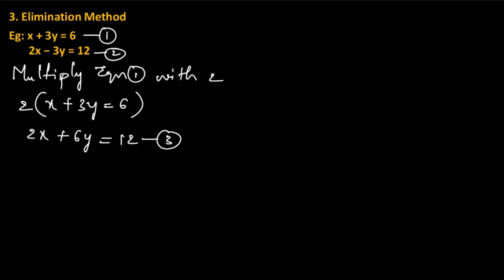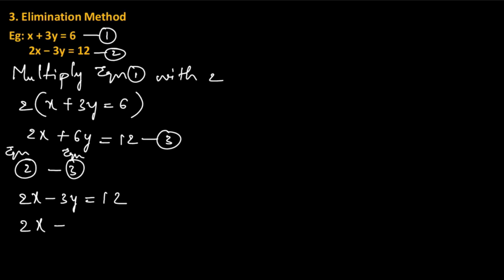Now eliminate. Now the coefficients are equal. Equation 2 minus equation 3. Equation 2 is 2x minus 3y is equal to 12. Equation 3 is 2x plus 6y is equal to 12.